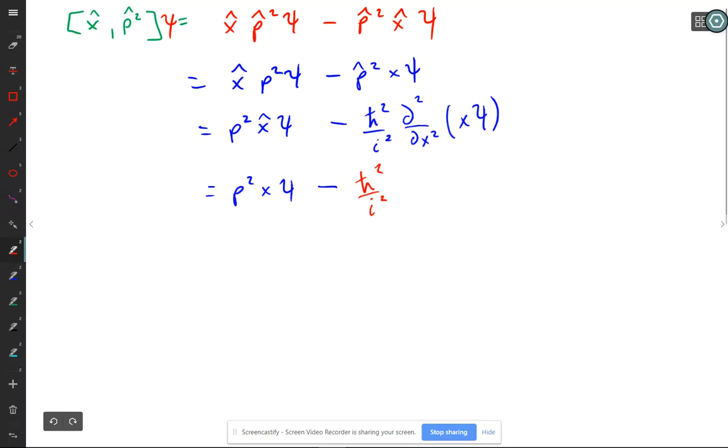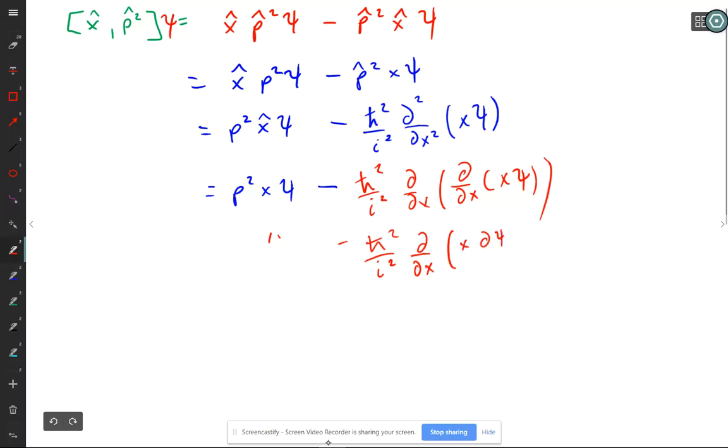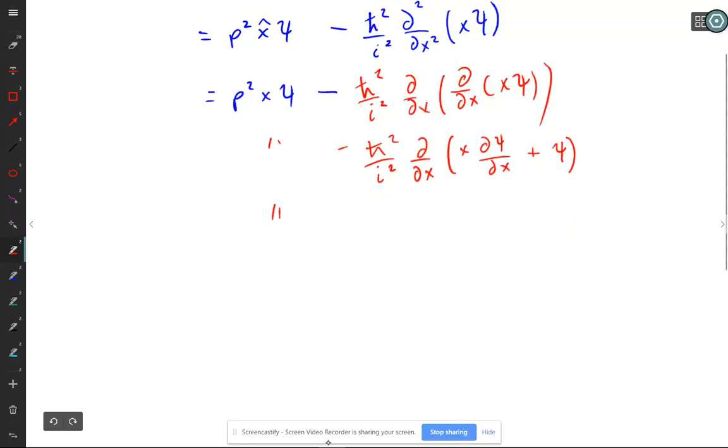I know I told you could drop the i squared and replace it with minus 1, but I'm leaving it here now. I think I made a mistake when I worked with you.